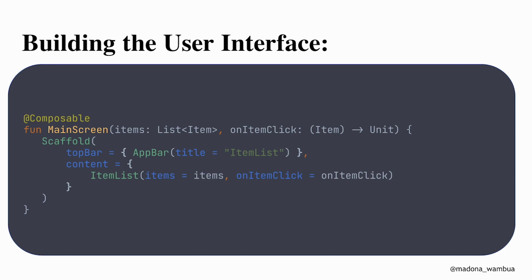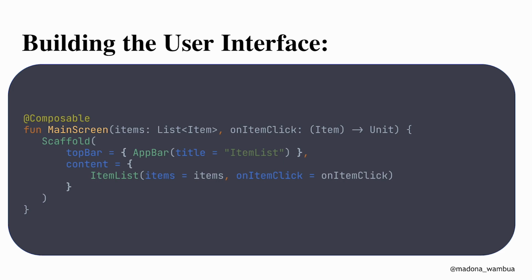What they do is describe how the UI should look based on the current state and data. Remember the state we talked about. Now, in this particular composable function, we have our function MainScreen, which takes in an item, which is a list of items. It has an onItemClick listener. The way I read this code is that this declares a composable function named MainScreen, as you can see there.